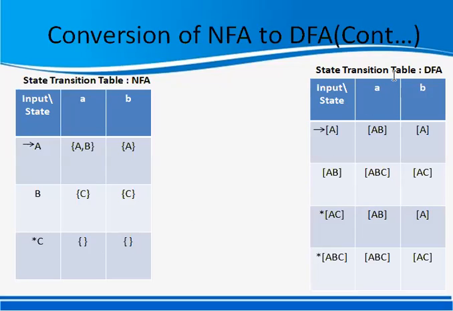So in the state transition table for DFA, every state having C will be the final. So in this column you can see this state and this state contain C. So both the states will be final, AC and ABC. Now using this state transition table of DFA, we will construct the DFA.